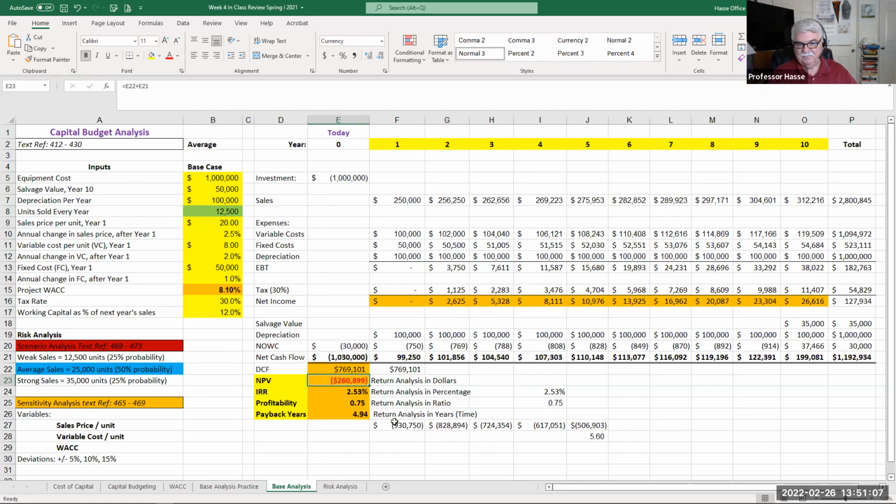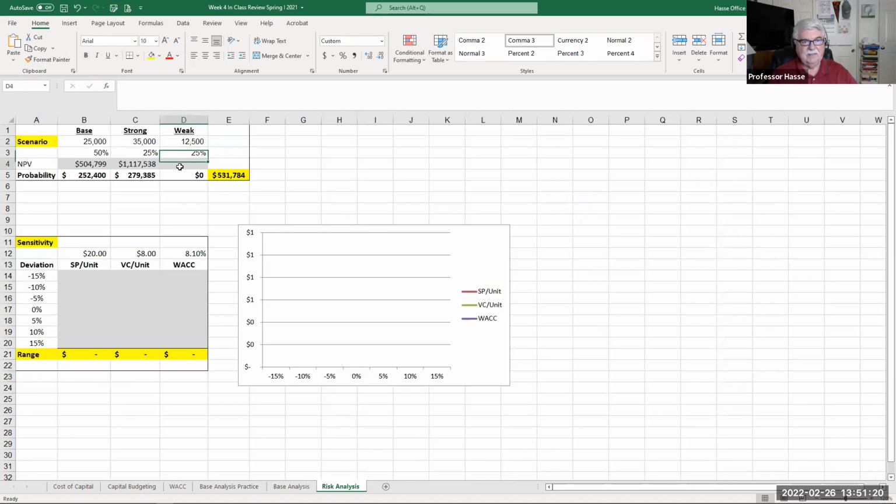The payback, we have to recalculate, so that doesn't do that automatically. But we're just concerned with the NPV, negative $260,899, a loss. And let's put that in there, minus $260,899. And that is weighted to the appropriate 25% probability of that happening.